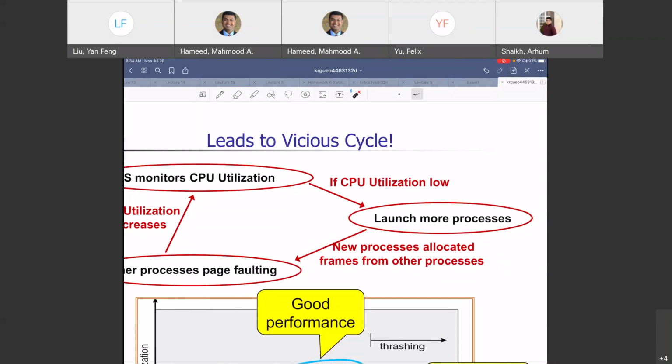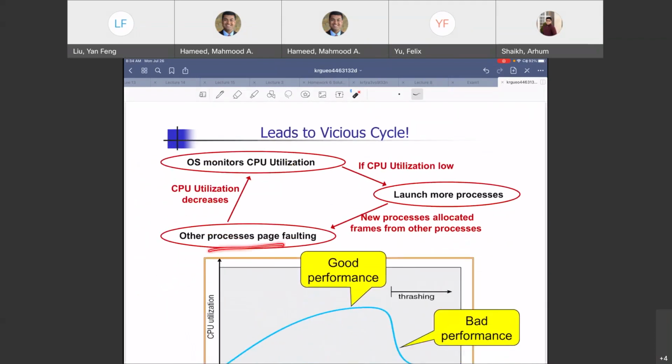Earlier, those frames were allocated to 2 processes. Now they are allocated to 10, which means each process is going to have fewer. So other processes will start page faulting because their numbers went down. If other processes are page faulting, that means the CPU utilization decreases. If the CPU utilization decreases, then you launch more processes. So what is going to happen here?